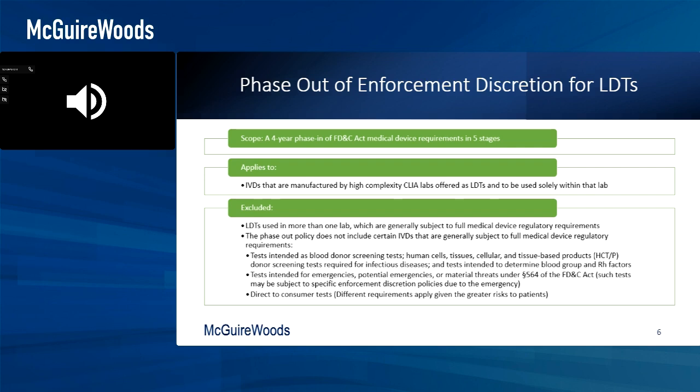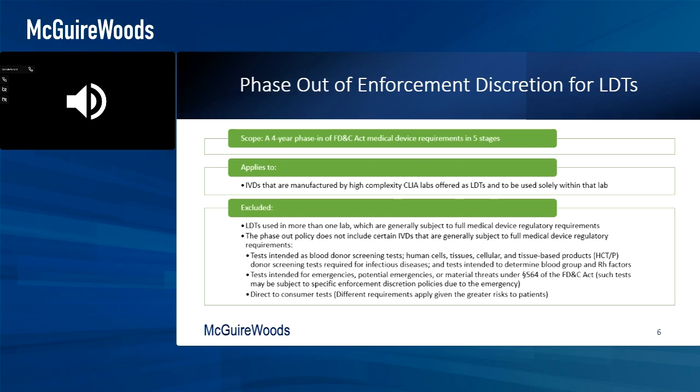And so the reason why it seems so narrowly tailored is the FDA's position is that anything more than this, if you have a test that is not high complexity and it's being manufactured at multiple lab locations, they're still going to consider that potentially a medical device.